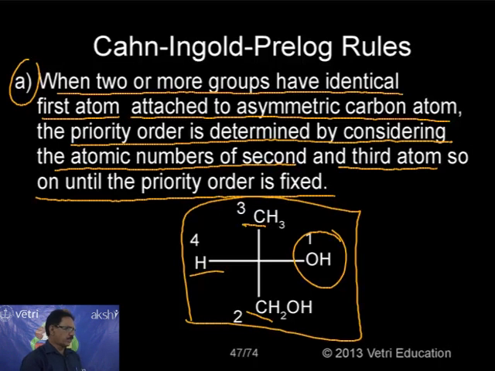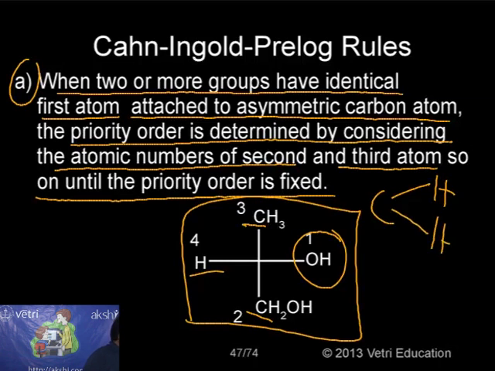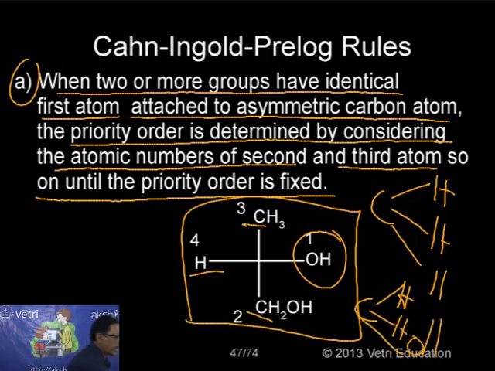The next is carbon. The CH3 carbon is there, and the CH2OH is also carbon. Now which is number 2? If you write carbon and the methyl group, I can write it like this, and for the CH2OH group, I can write it like this. Carbon is identical, so the rule says consider the second atom, then the third atom, and so on until the order is fixed. The CH3 carbon and the CH2OH carbon are identical.